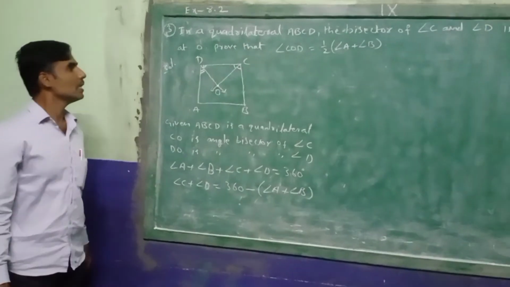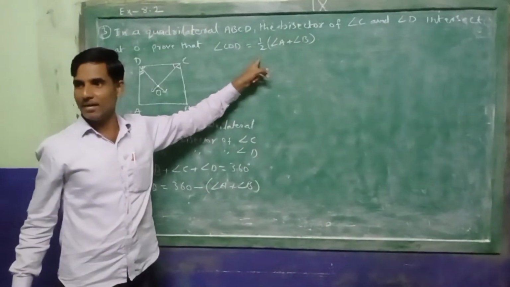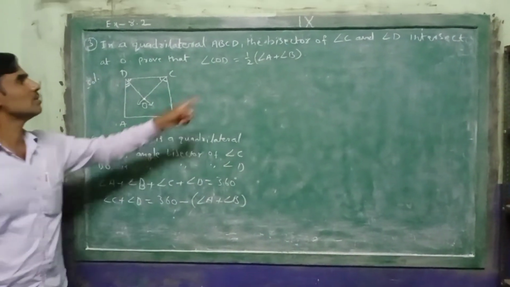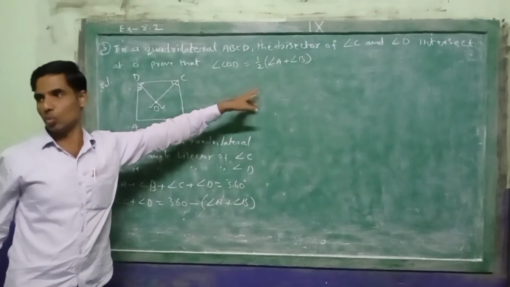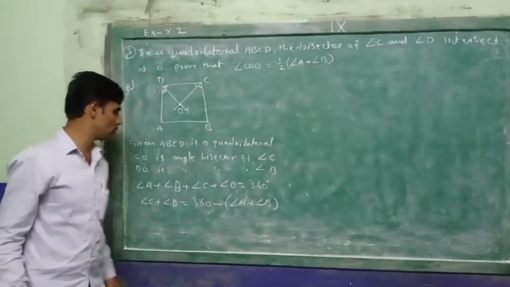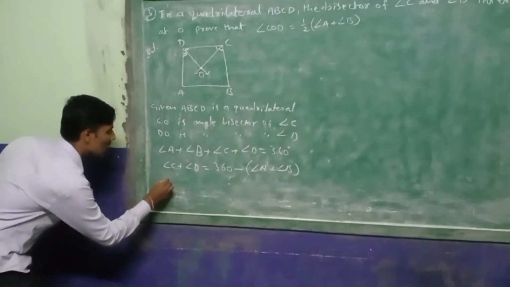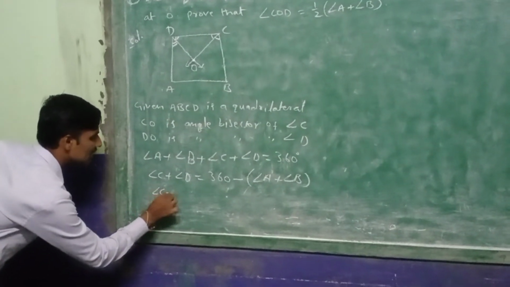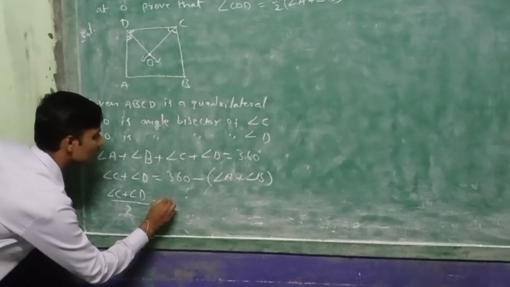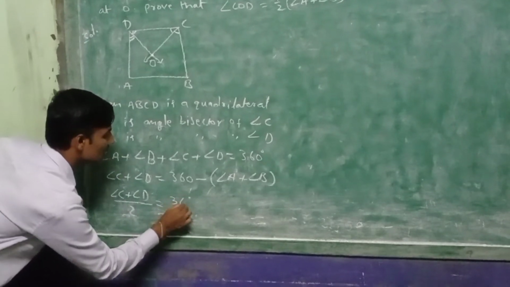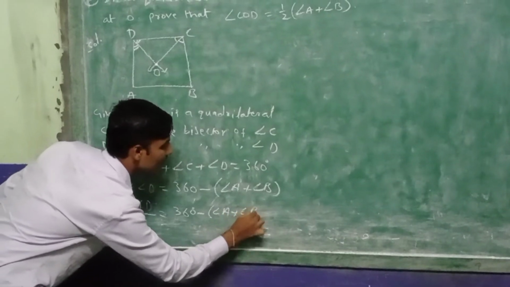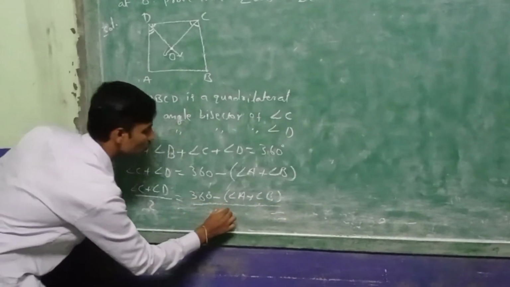Now see here, there is 1 by 2, na? So now we have to divide every term by 2, otherwise divide both sides by 2. So here I am doing: angle C plus angle D by 2 equals 360 minus angle A plus angle B by 2.